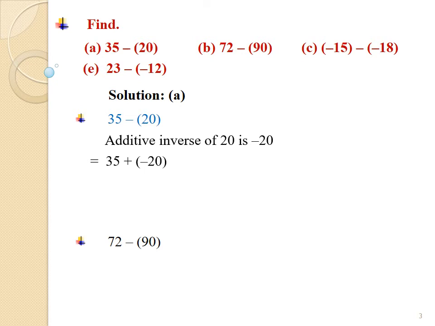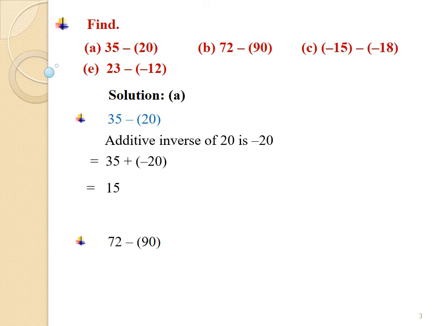Students, now we have to follow the rules of addition of integers. As one integer is positive and one integer is negative, that is, 35 is a positive integer and minus 20 is a negative integer, let us subtract. Thus, subtracting 20 from 35 as a whole number by ignoring the sign, we get 15.